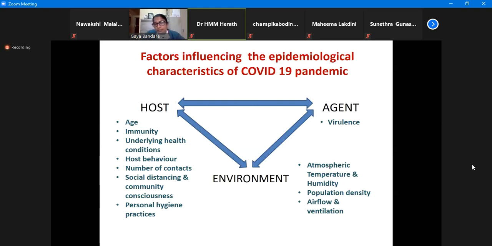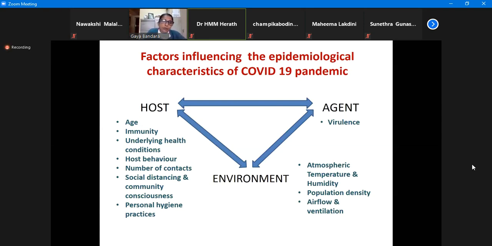So this information has led to the hypothesis formation in terms of disease transmission. And population density is also important. Even in Sri Lanka, you may have observed that it is more rapidly spreading in places where the population density is higher, like in this naval base and also in this Keselwatta area. And airflow and ventilation are also other factors in the environment that affect disease transmission.